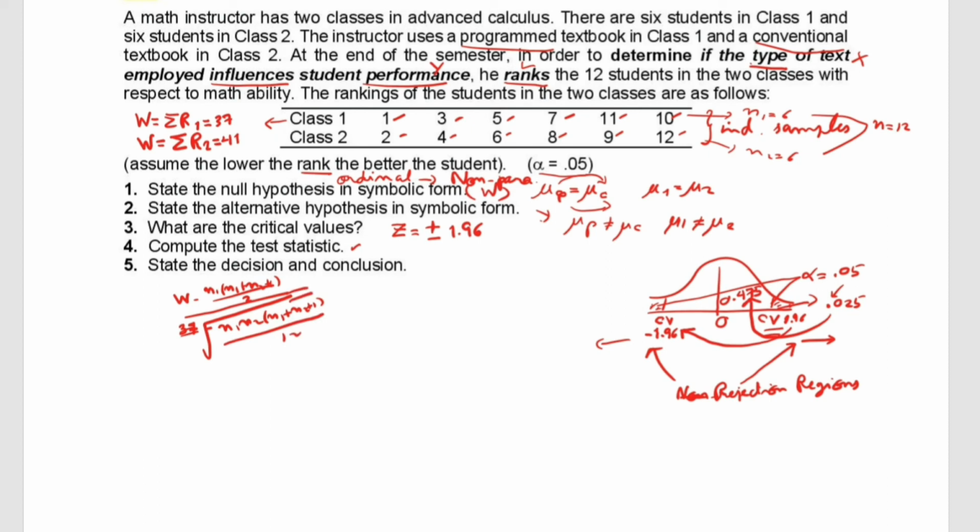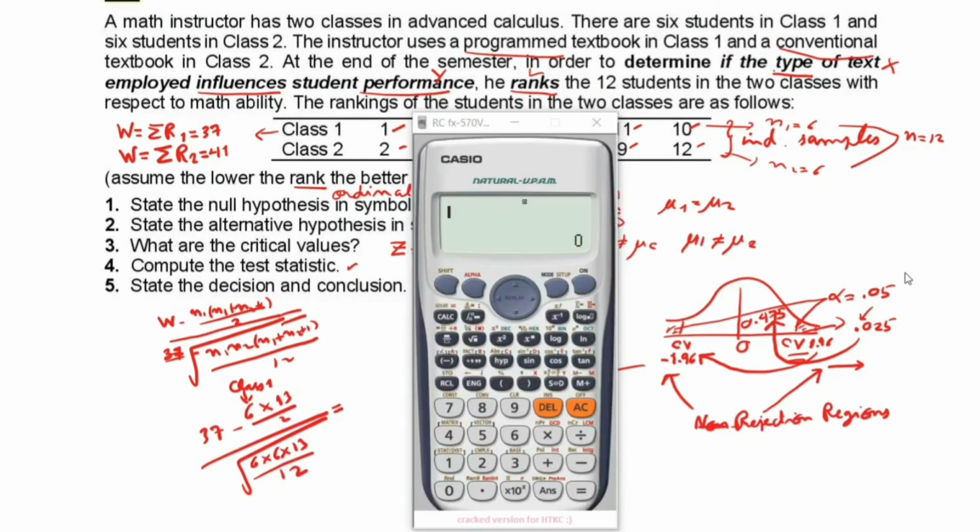So compute 37 minus 6 times, this 6 is from class 1, (6 plus 6 plus 1), 13 over 2, square root of 6 times 13 over 12. After that, calculator work is important. Compute all in one. Now let us use the calculator.